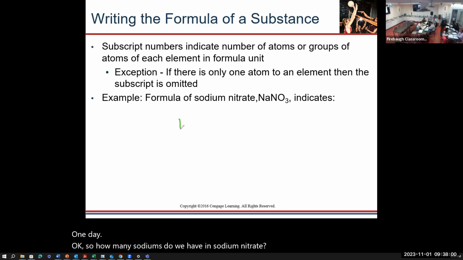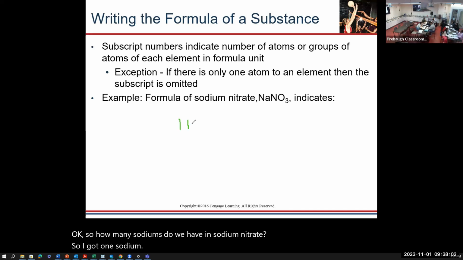We got 1 sodium. How many nitrogens? One nitrogen. And 3 oxygen.